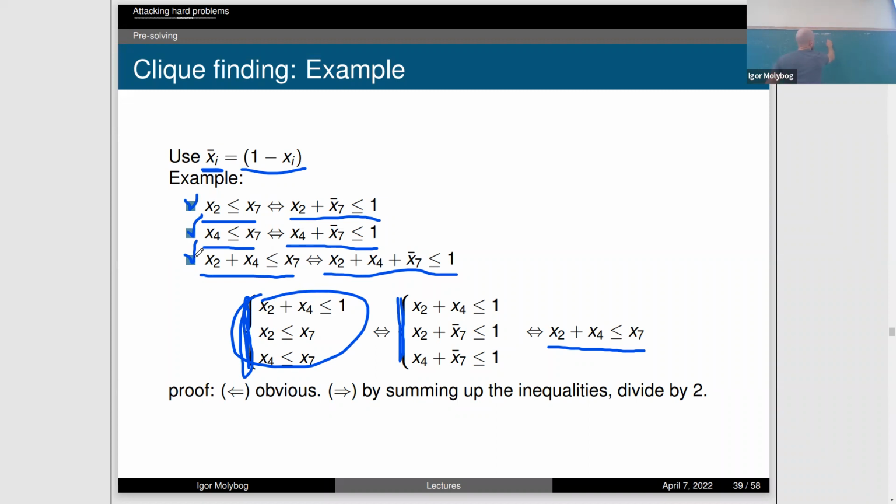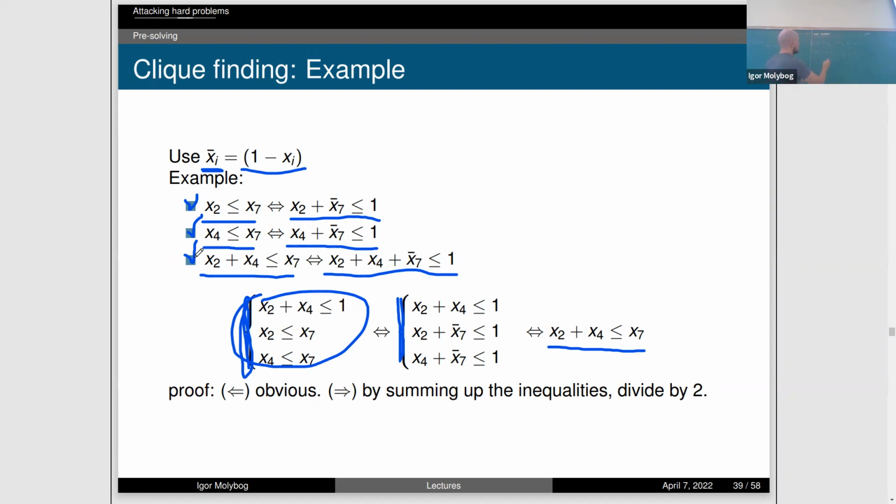Cool. So x2 plus x4 minus x7 less or equal to 0. This is equivalent to the thing on the left, and then x2 plus x4, that's 4, then plus 1 minus x7 less or equal to 1.